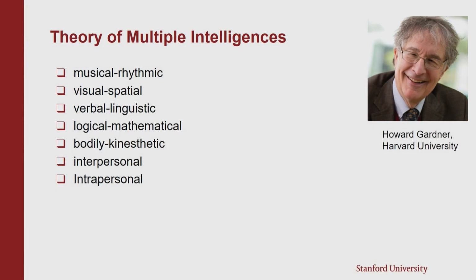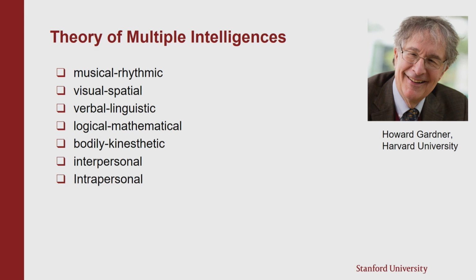So this person, Howard Gardner at Harvard University, has put forth a theory of multiple intelligences. Basically, we have people that have musical abilities. They really understand the rhythm in their brain. They are very good at visual spatial function.